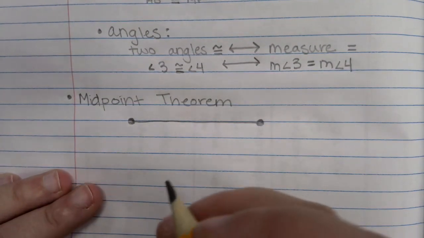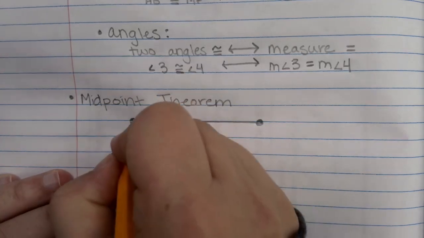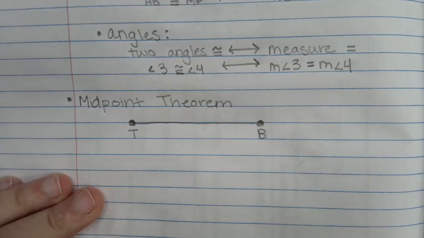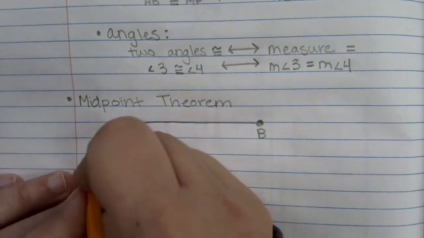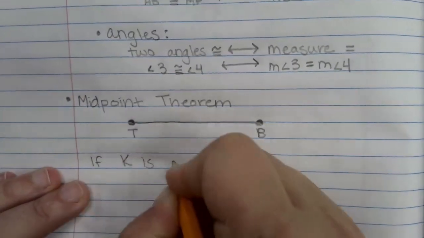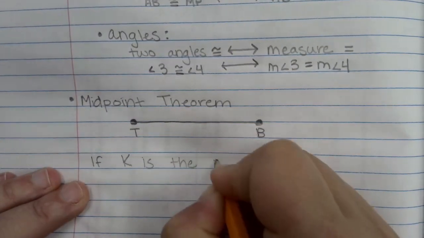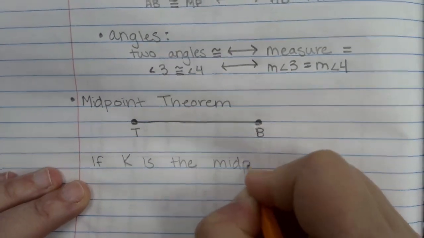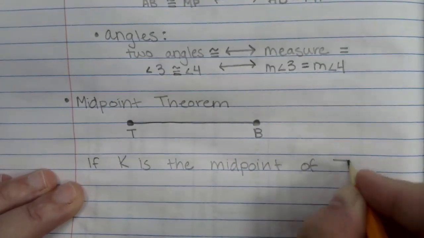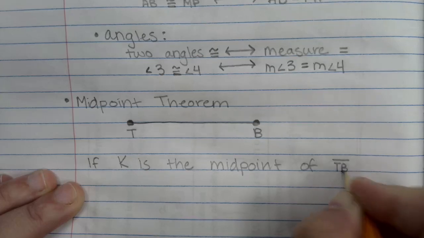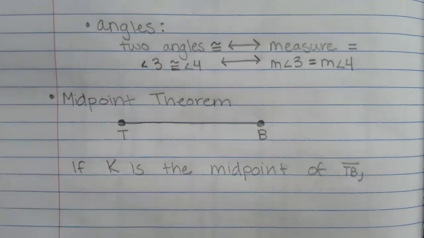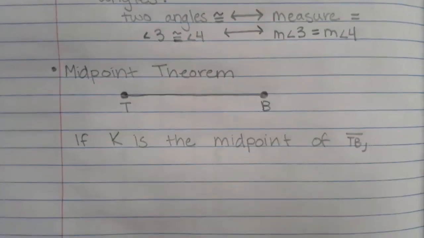If we had T to B like we did in our warm-up, and K is the midpoint of segment TB, what conclusion can you just get for this?